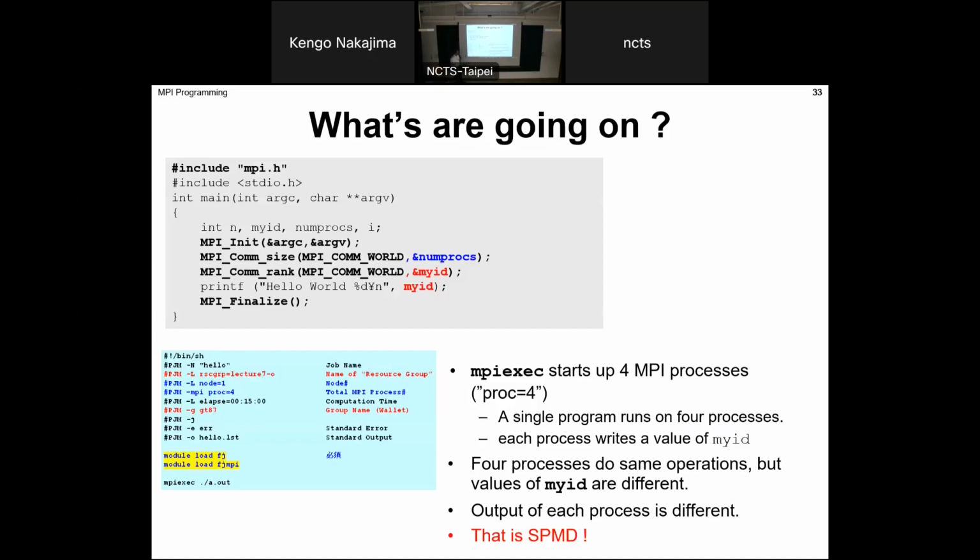The 4 processes do the same operations, but the values of myid are of course different, so the output of each process is different. As I mentioned, each line is written by each MPI process. This is very primitive, but it is a very typical SPMD operation. They are running the same program, but the data, myid, is different.